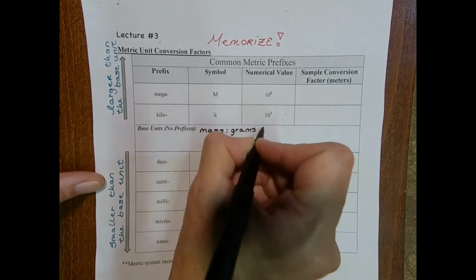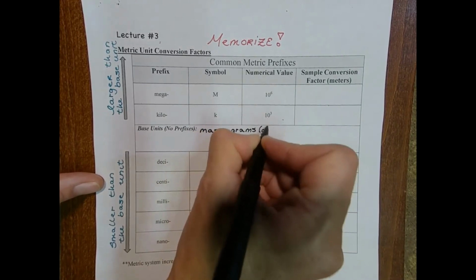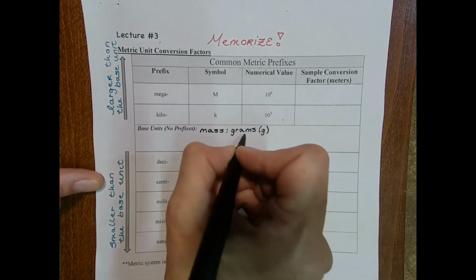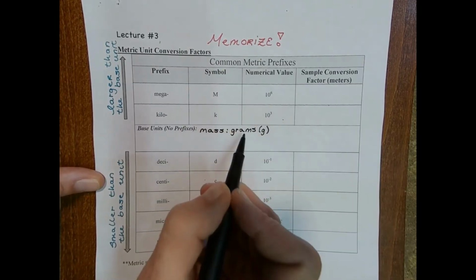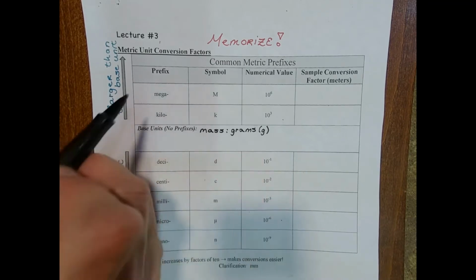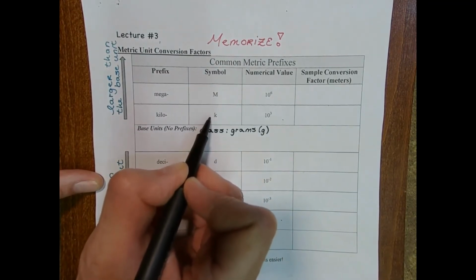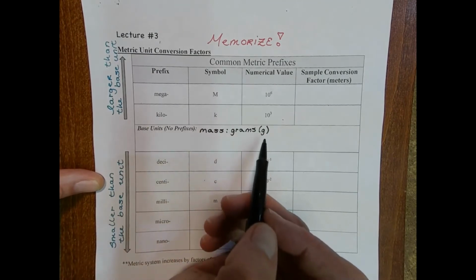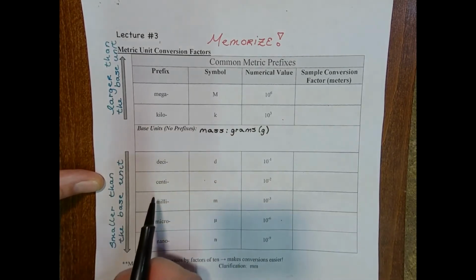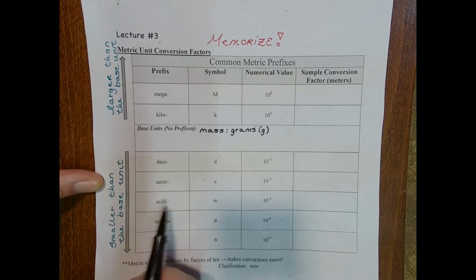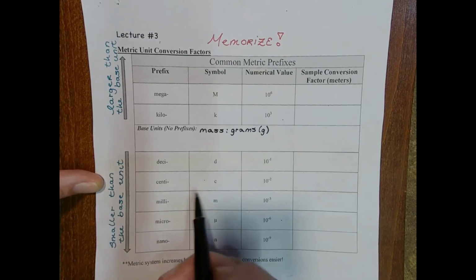And that's abbreviated with a lowercase g. So that's what's known as your base unit. You can make grams bigger by adding a prefix in front like kilo, or you can make grams a smaller unit by adding centi or milli in front of the grams.